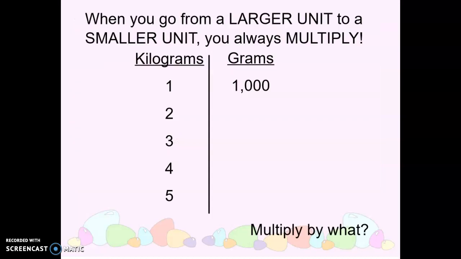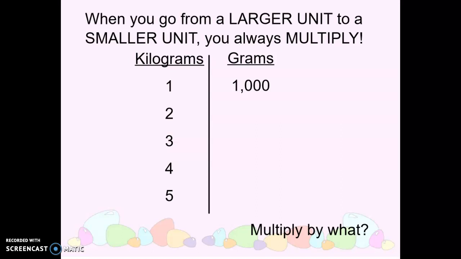So using the chart, that 2-column chart that we've talked about all week long with the metric system and all week last week with the customary system of measurement, you see that when you go from that larger unit of kilograms to that smaller unit of grams, you're going to multiply. And because there are 1,000 grams in a kilogram, what do you think we're going to multiply?